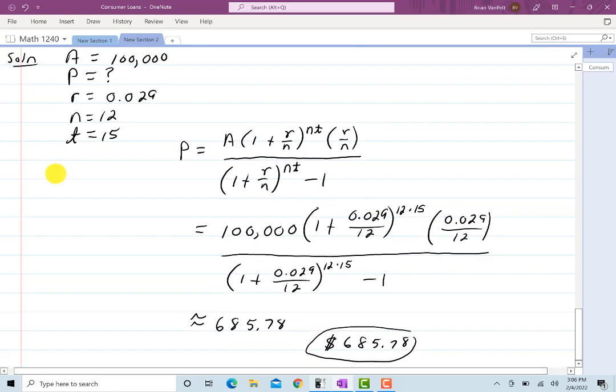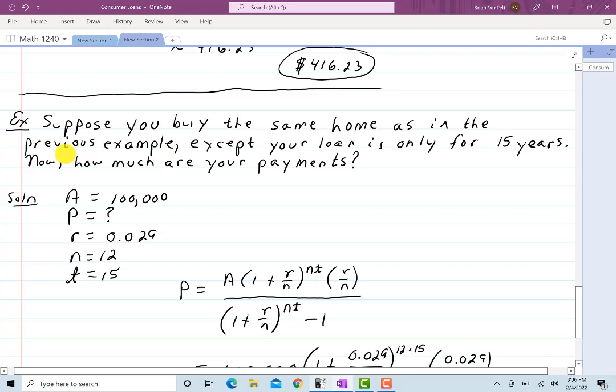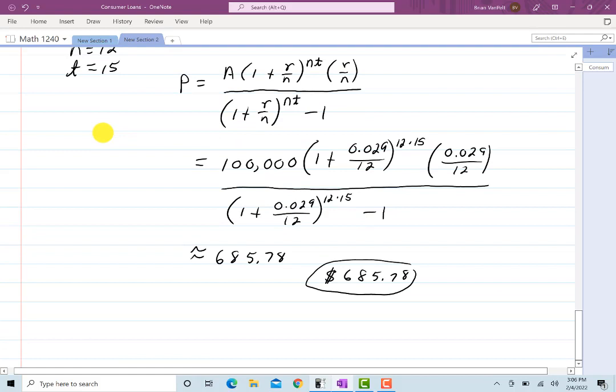The original for 30 years was $416 a month. If instead you decide to pay it off in 15 years, you don't pay $800 some a month. You pay $260 more a month, which is not quite double, and you pay it off in only 15 years instead of 30.